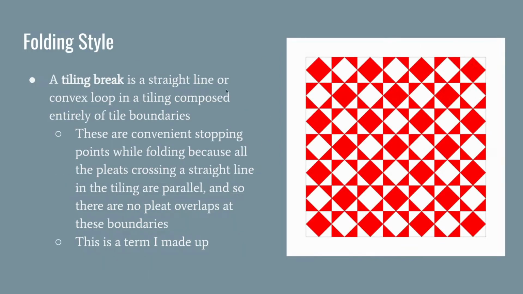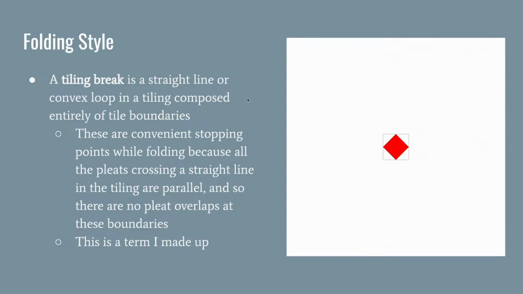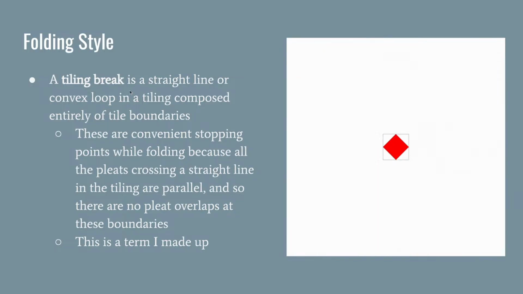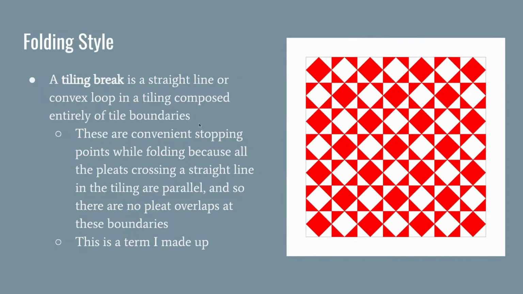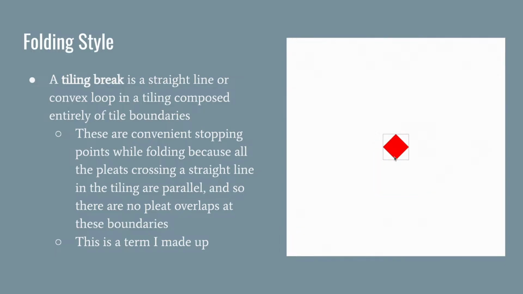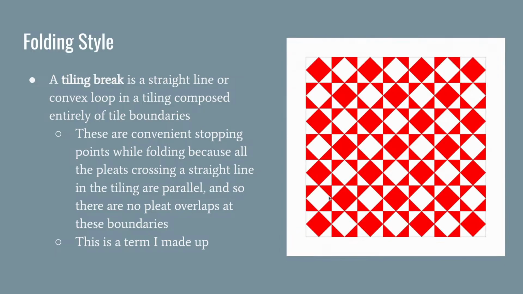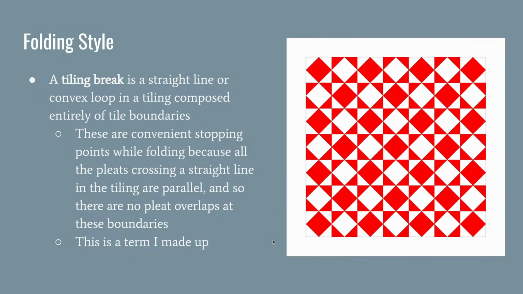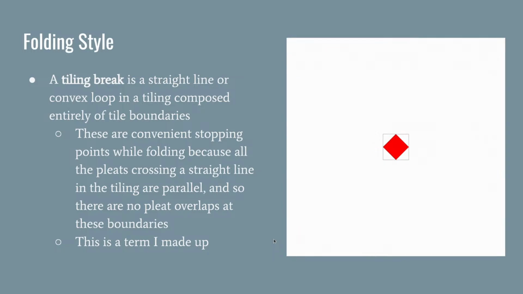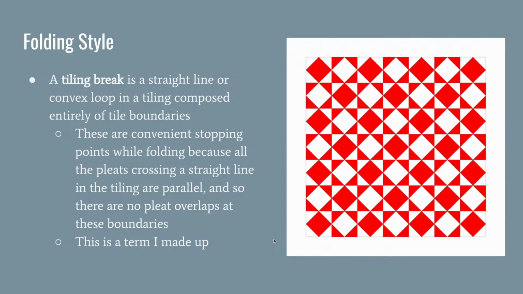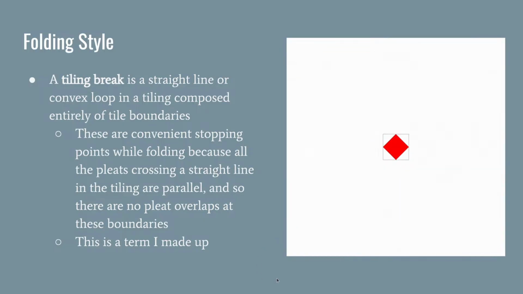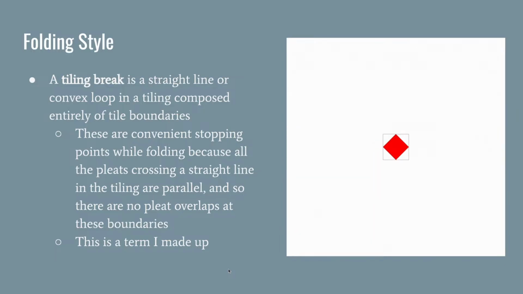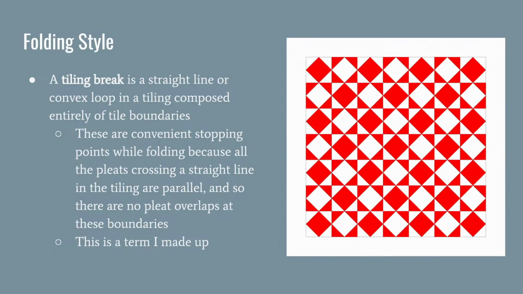And then tiling breaks. So tiling breaks are straight lines or convex loops without dents in a tiling composed entirely of tile boundaries. So as this animation runs, you'll see every stopping point, every outer boundary is what I would call a tiling break, and it is entirely on tile boundaries. These are very convenient stopping points while folding because all of the pleats that cross a straight line in the tiling are parallel.